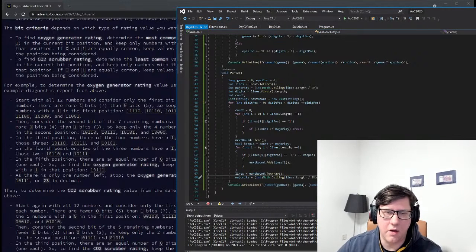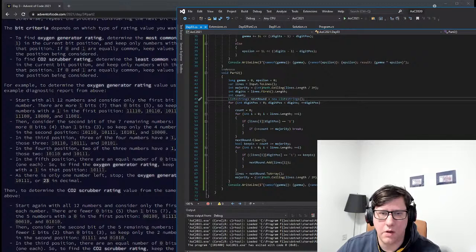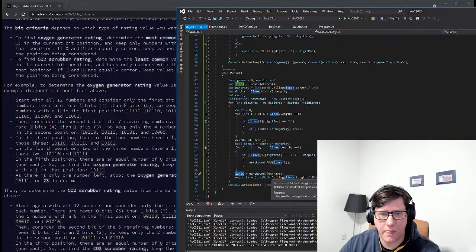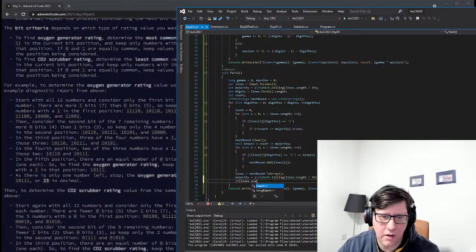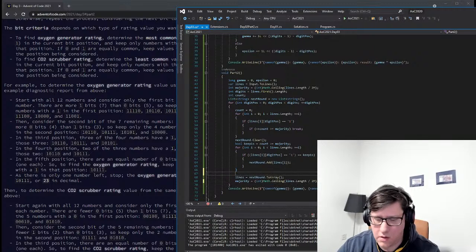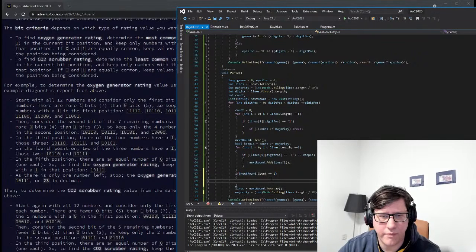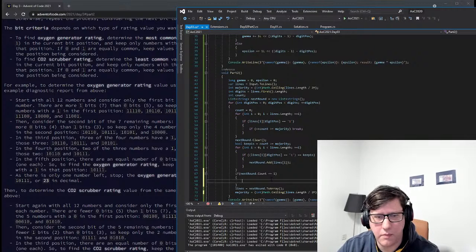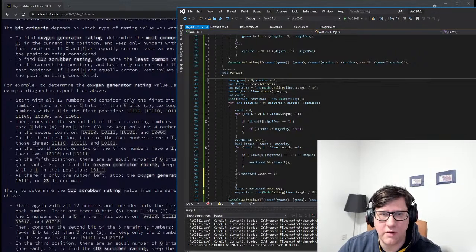Right, and the second time you go towards the other way. I really hate this, but yeah. Let's see. If lines.count, actually I can do this here. If next round.count equals 1, then we have our result. Let's do placeholder values here. This was oxygen, right?